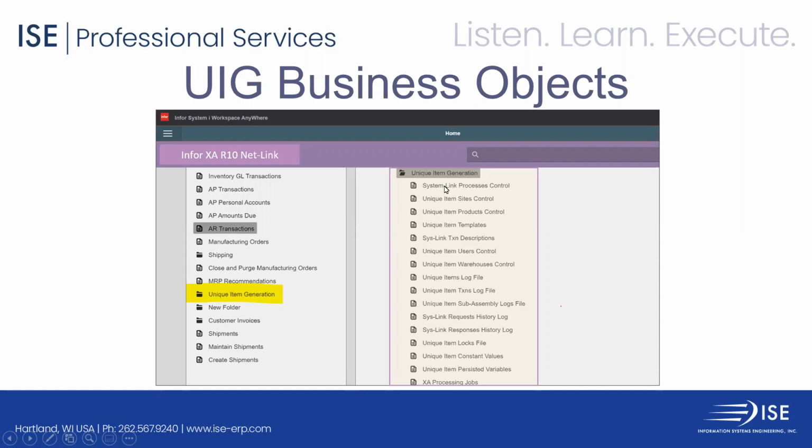So in a normal PowerLink or vanilla Netlink, you would see 16 icons for these 16 business objects. But in this context, Netlink inside of SIWA, inside of Infor OS, you get this nested list from the card. Actually, we've just added a new one for data queues. So 17 and growing on the UIG business objects.